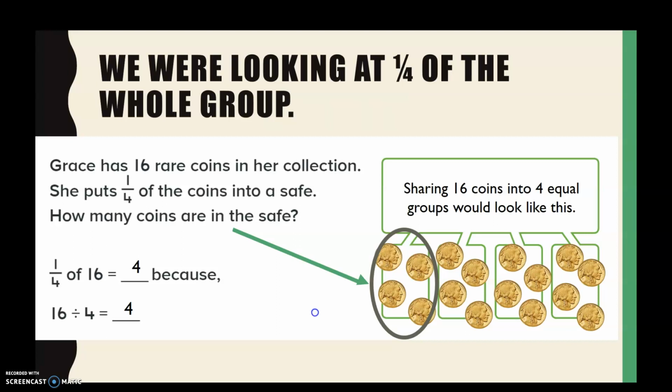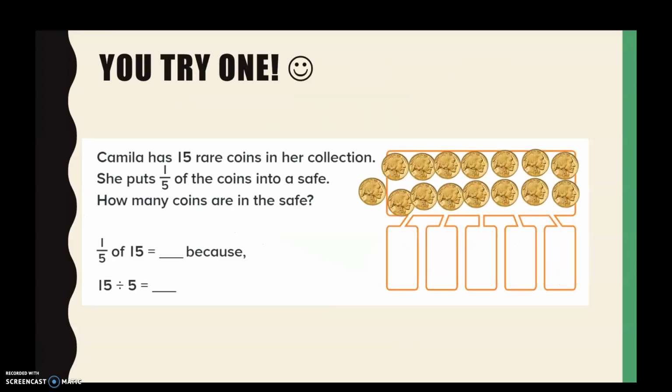Let's look at another example. Camilla has 15 coins in her collection. She puts 1/5 of the coins into a safe. How many coins are in the safe? Take a minute to think about it. If I have 15 coins and I'm going to break them into 5 equal groups, how many is going to be in 1/5 of those groups, or 1 out of the 5 groups?